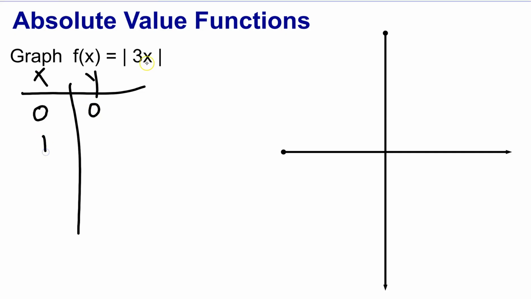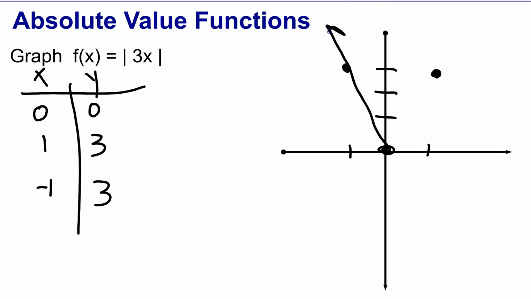When x is 1, this is 3, the absolute value of 3 is 3. When x is negative 1, the absolute value of negative 3 is always the positive, so that would be 3. So we have 0, 0, 1, 3, and negative 1, 3. And this is going to keep going. It's going to have arrows. It looks like a V.